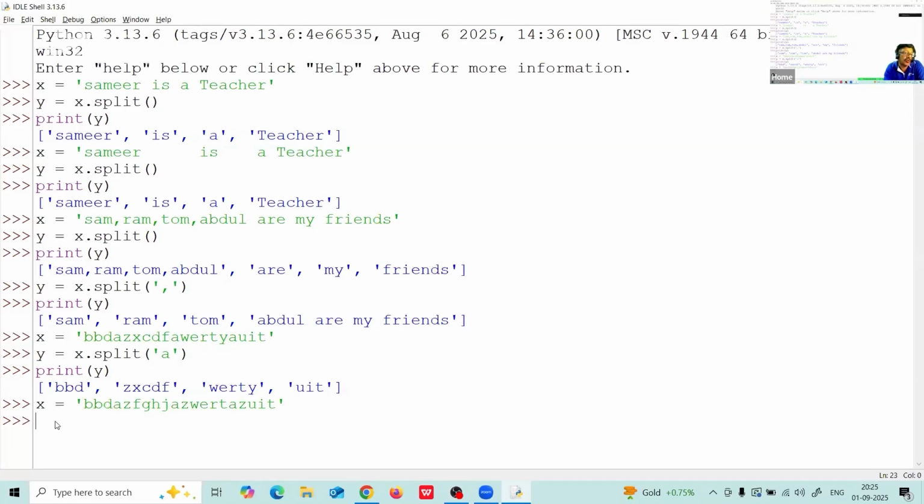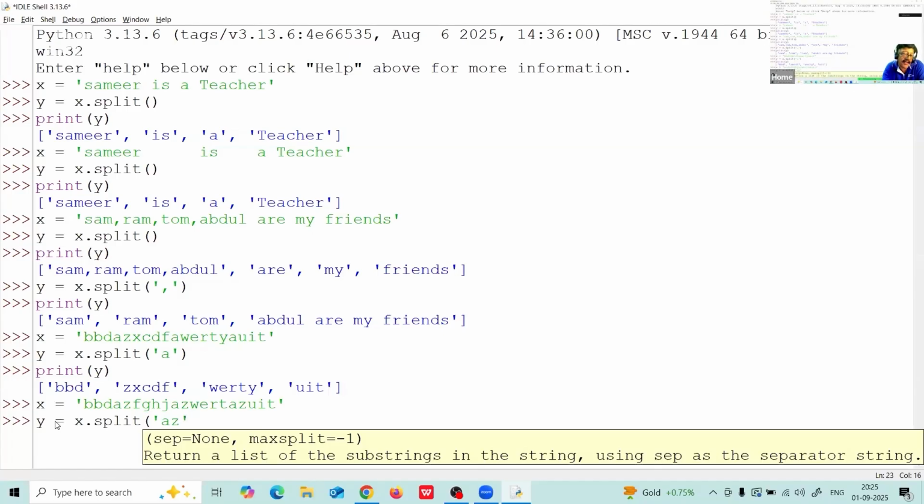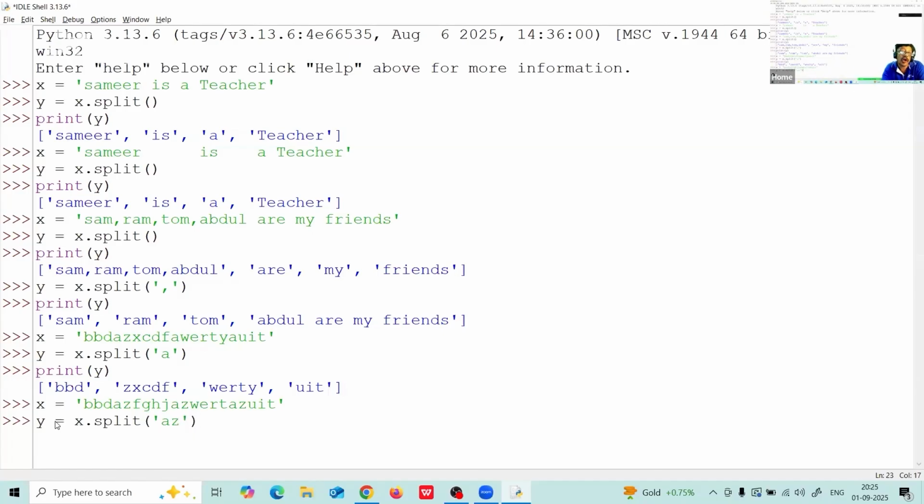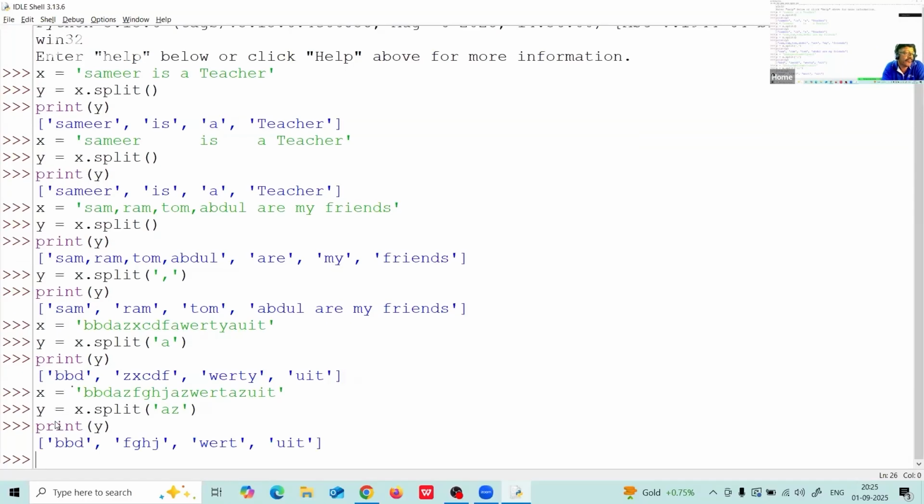So you have to give this as Y is equal to X dot split in quote AZ, like this. Not A comma Z, AZ. Because you are saying if A and Z come back to back, substring AZ comes, only then split it, correct? So now if I print Y, yes, the split has been done.